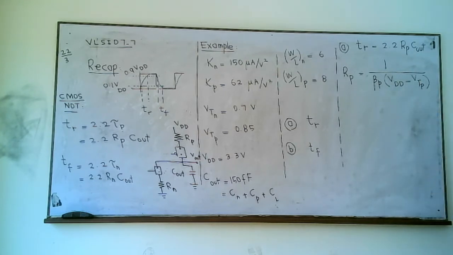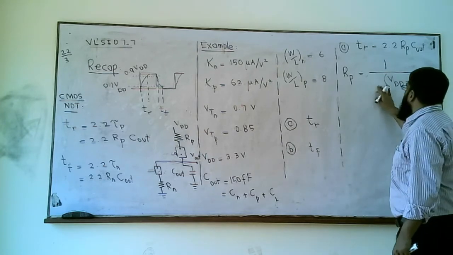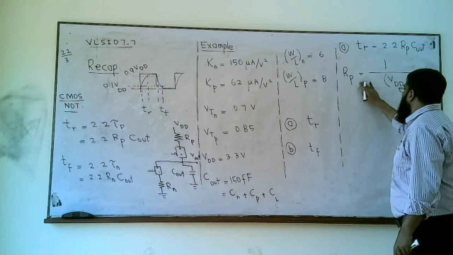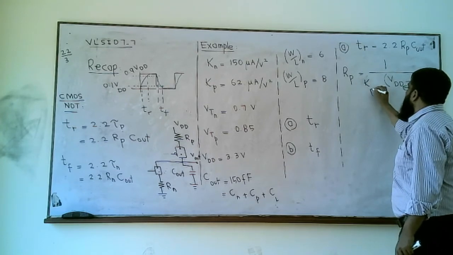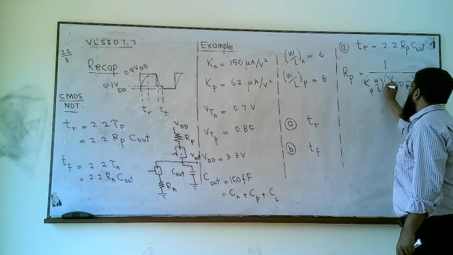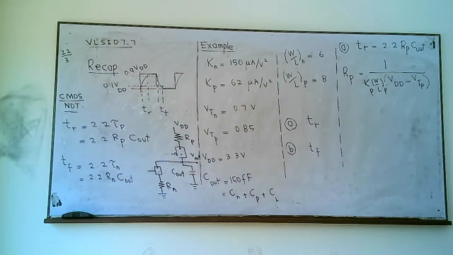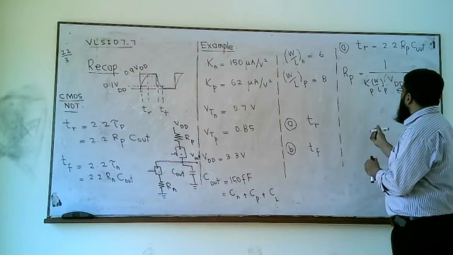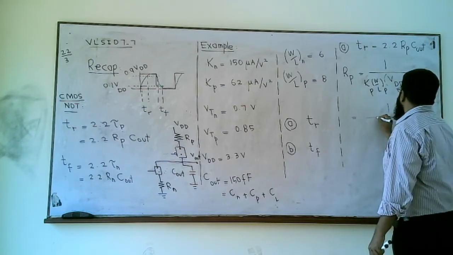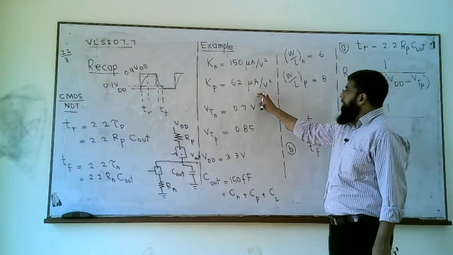It's a good approximation for Rp, where we know that beta p can be written as kappa p times aspect ratio of P. So let's see whether all this information is given. Yes, it is given. Rp can be computed straight away because kappa p is given as 62 micro.